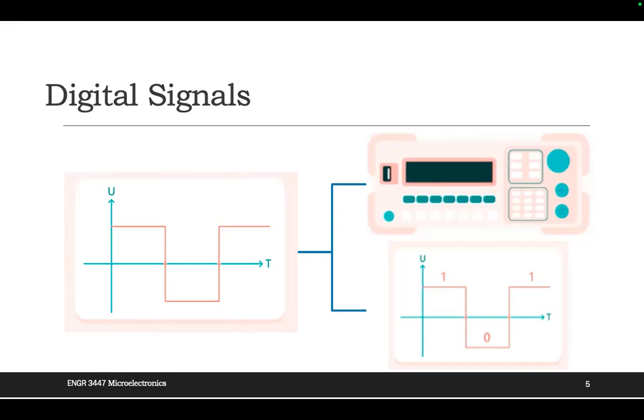In one of the following labs, we will try to observe some signals on the oscilloscope, but not today's signal. For digital signals, we know it is high, low, off, on, 1, 0. Does that make sense to you? Okay.